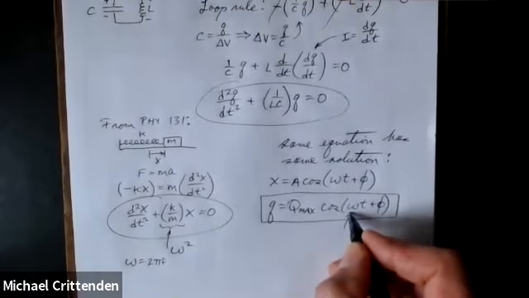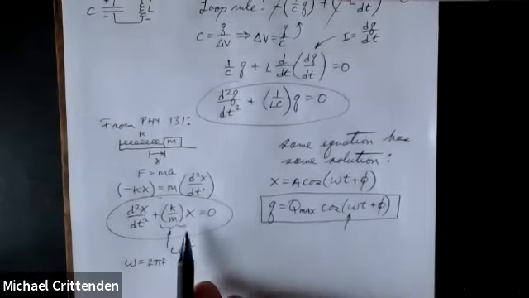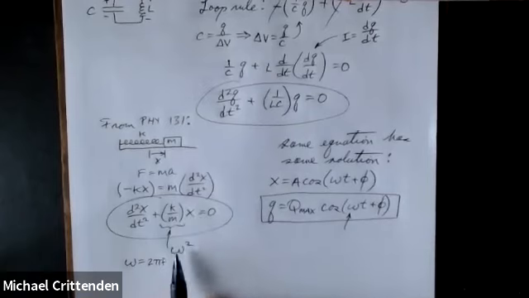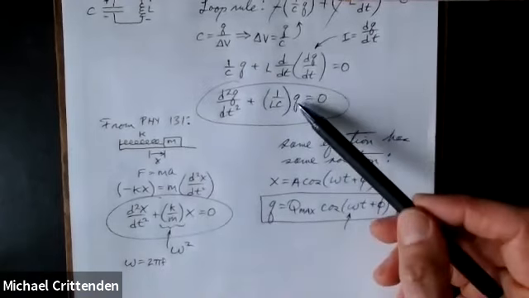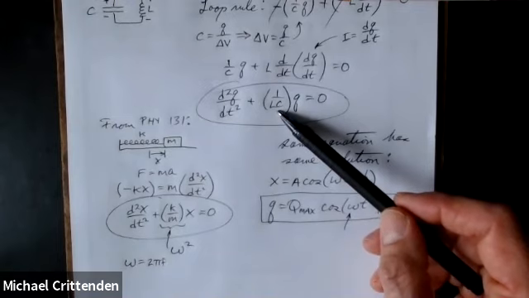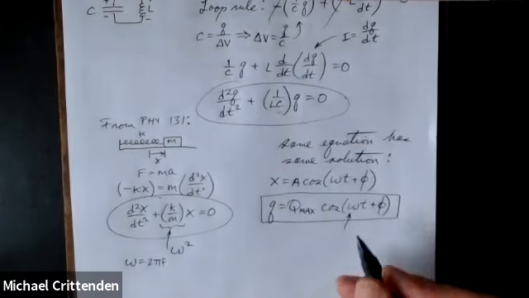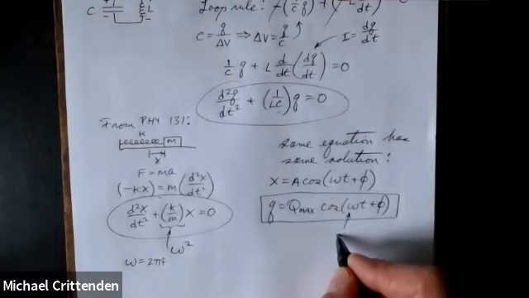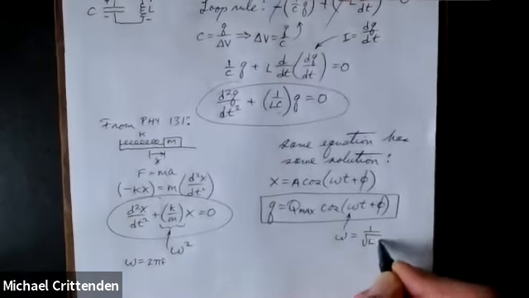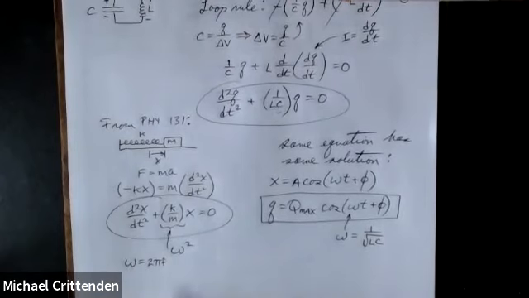And like I said, the coefficient of this term here is omega squared. So over here, omega squared would be 1 over LC. So omega, take the square root. Omega is 1 over the square root of LC, where, again, omega equals 2 pi f.